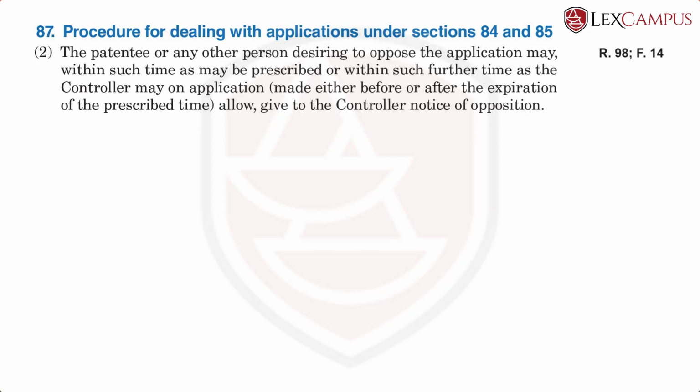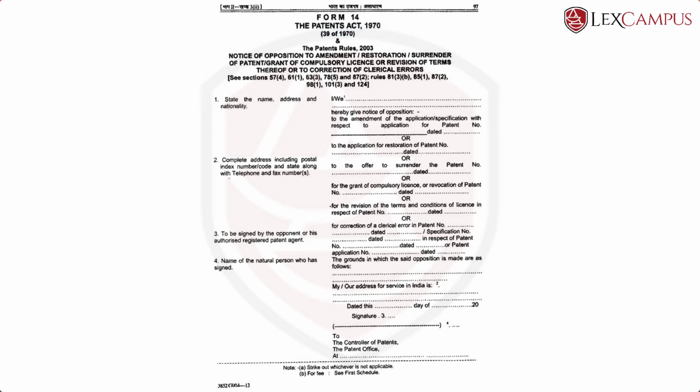So, the patentee will give the controller a notice of opposition, and this is in form 14. This is not the notice of opposition which a person would give for post grant opposition. This is a different notice of opposition. There is a common form for various other proceedings. So, form 14 will be used.